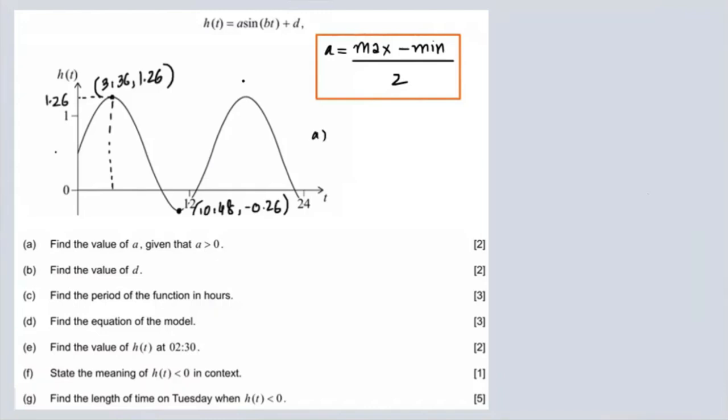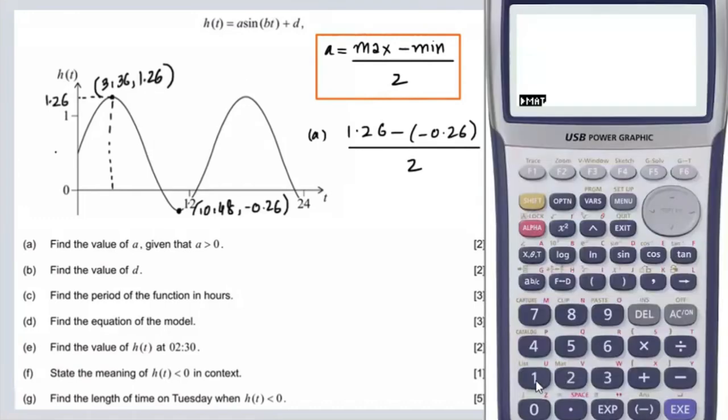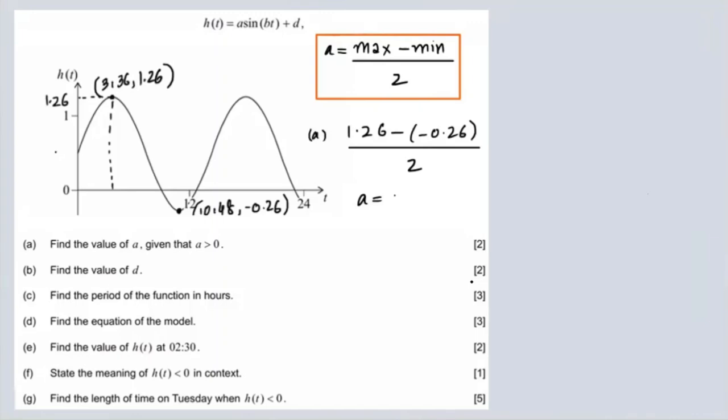The maximum value, in this case 1.26, subtract the lowest value, which is negative 0.26, and half it. This will straight away give you the amplitude. So 1.26, add 0.26 since negative and negative is positive, and divide by 2. And I'm getting A equals 0.76. That is my answer for part A.